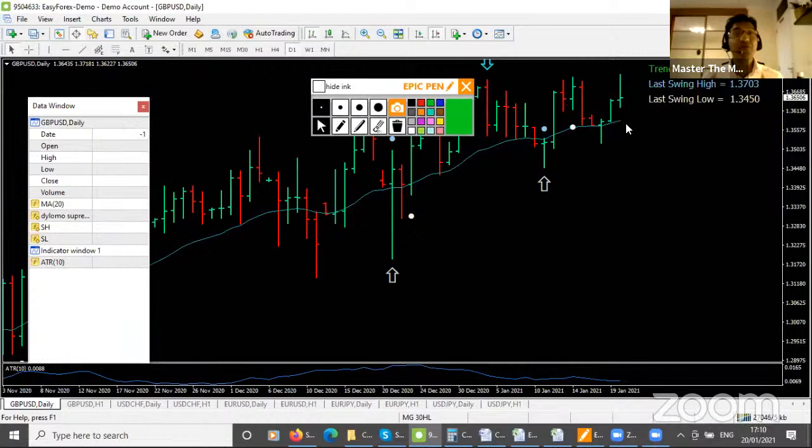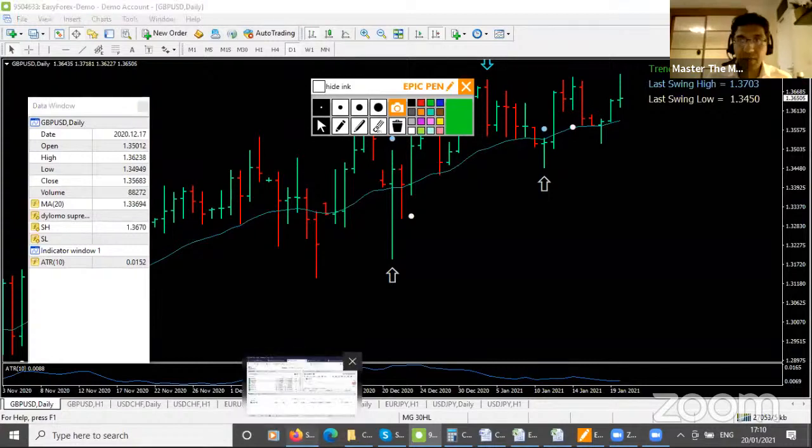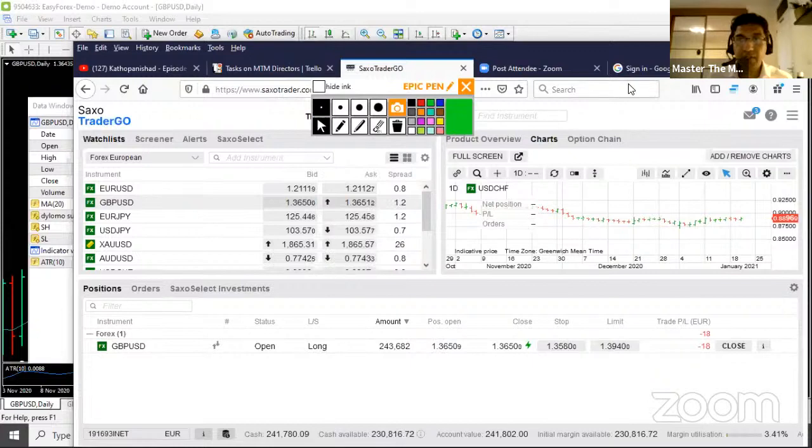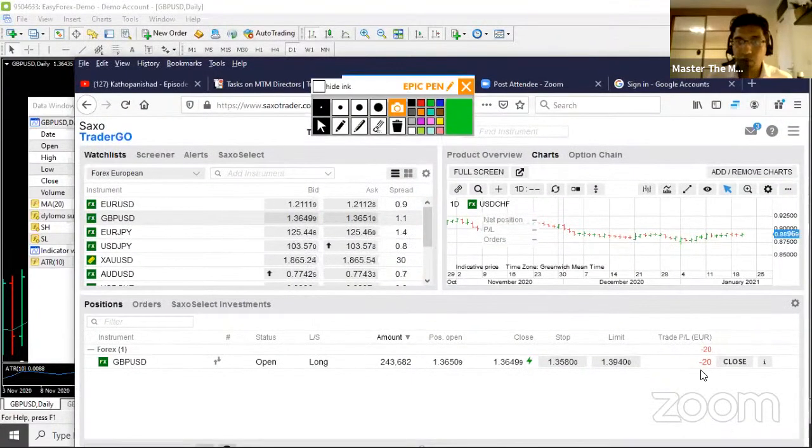Remember, as I said, every strategy will have a different objective. So even if you take a look at this, at the moment over here, you can see we are still in a very, very small negative position, as you can see, right? So why would we hold on to that?